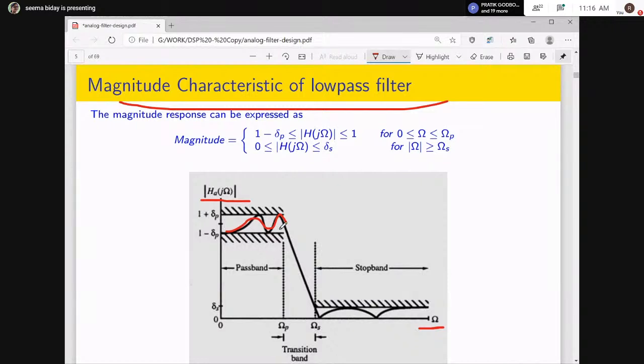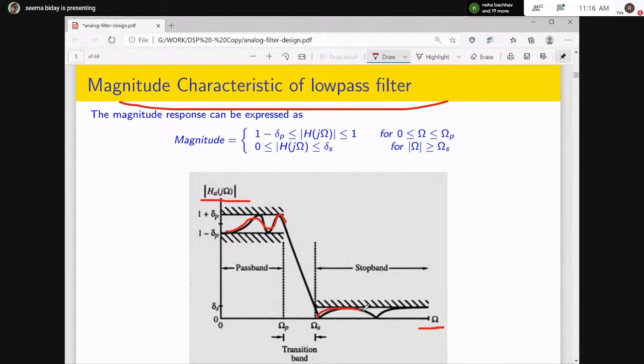and you have omega p and omega s. Omega p means the pass band edge frequency, where ripple is acceptable, right? And from this, it is coming down like this, and even though we are expecting 0 in the stop band, practically it is not possible.